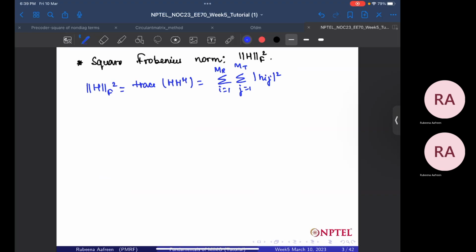So this square Frobenius norm gives the total channel gain, the total power gain of the channel.